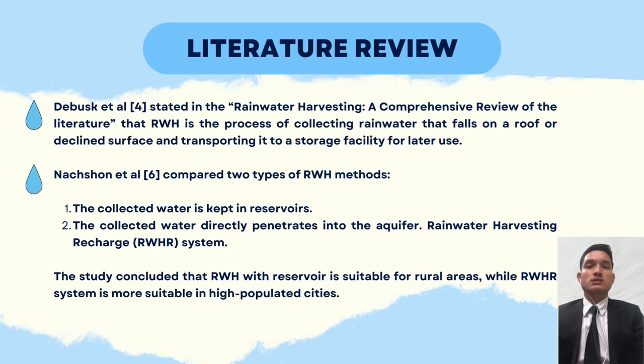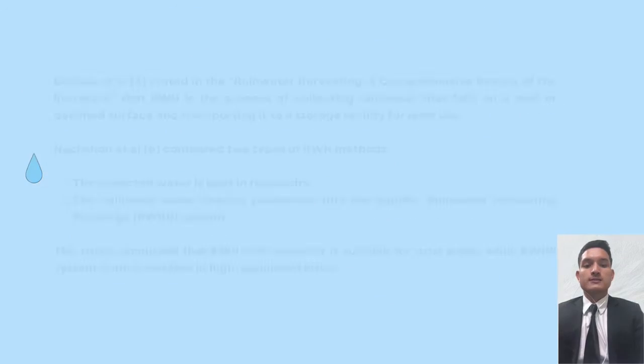One, the collected water is kept in reservoirs. Two, the collected water directly penetrates into the aquifer, which is the rainwater harvesting recharge system. The study concluded that rainwater harvesting system with reservoir is suitable for rural areas, while rainwater harvesting recharge system is more suitable in highly populated cities.